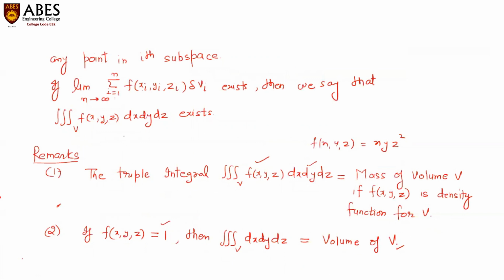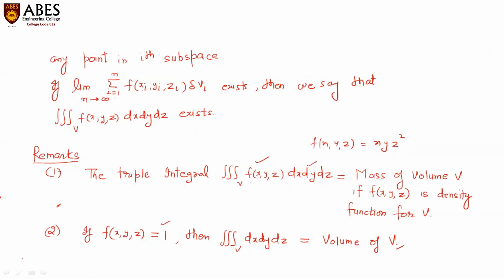If this limit exists, then we say that the triple integration over V of f(x, y, z) dx dy dz exists.